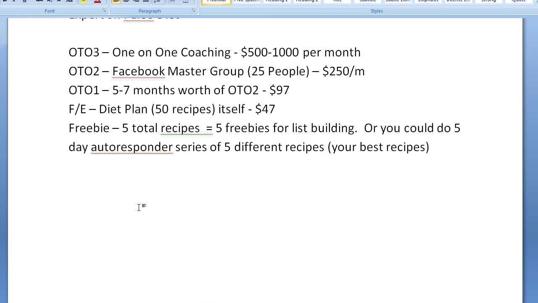Now, if we go over here, if we think about the reasons why people buy, saving time, saving money, and those are the main two objections. So you could incorporate into your sales funnel some sort of done for you that saves time, saves money, and so forth.